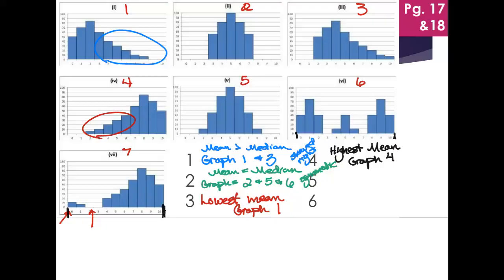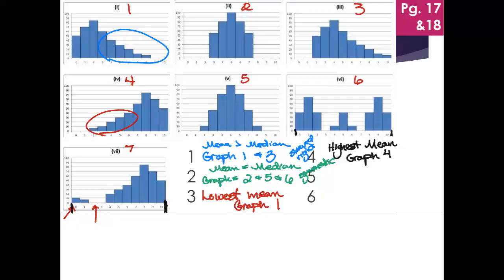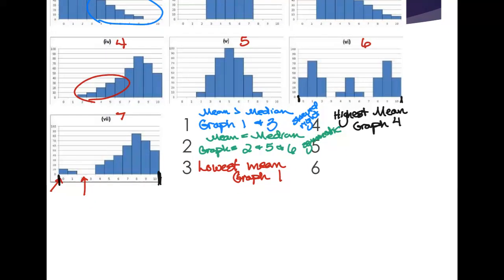So 6 or 7, which one has the largest spread, would you say?